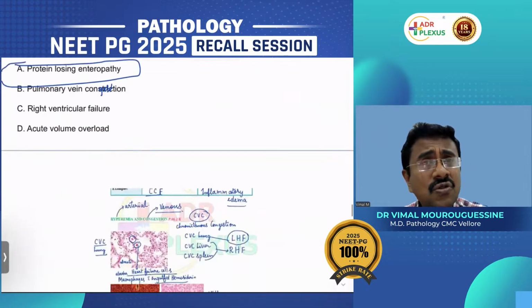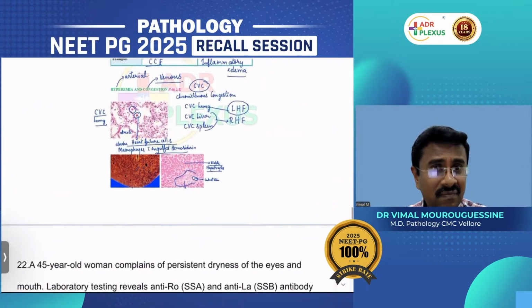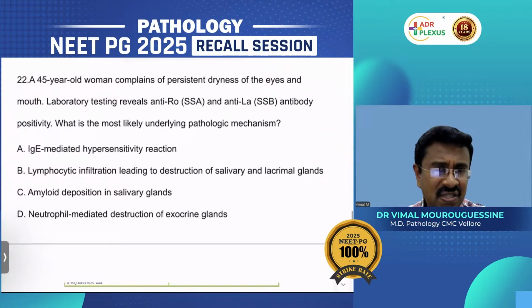And remember, guys, we used to discuss this: the Perls Prussian blue stain is also positive here for hemosiderin-laden macrophages.